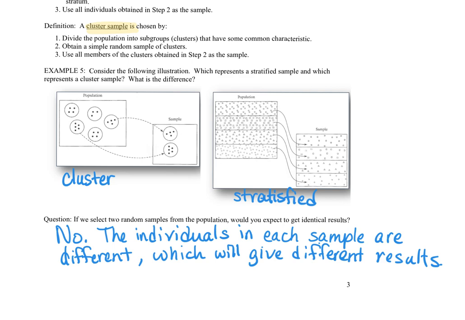What questions do you have? Bless you. You're welcome. What questions do you have? Okay, so this is the lecture for today. What are some things to point out? We talked about sampling, we talked about poor sampling, and what other kind of sampling did we talk about?